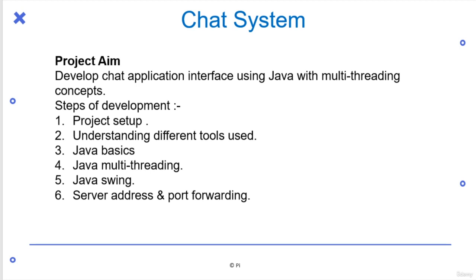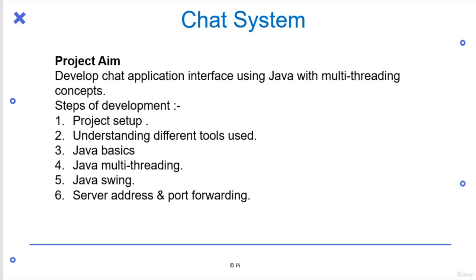For that purpose, we are going to set up our project first. Second is understanding the different tools we are going to use. Then Java basic concepts, and also you should have some knowledge of Java Swing, some Java multi-threading concepts also, and the final step is server address and port forwarding.